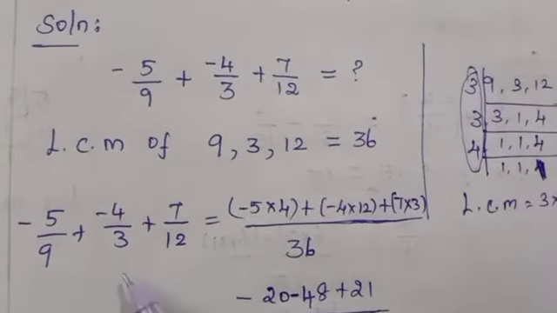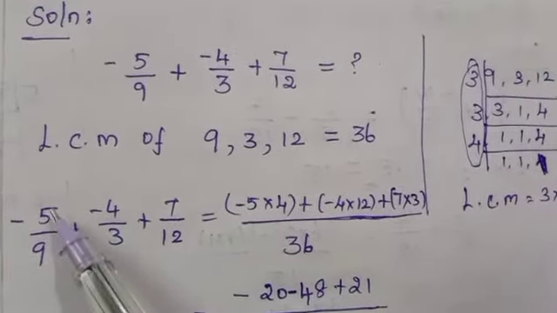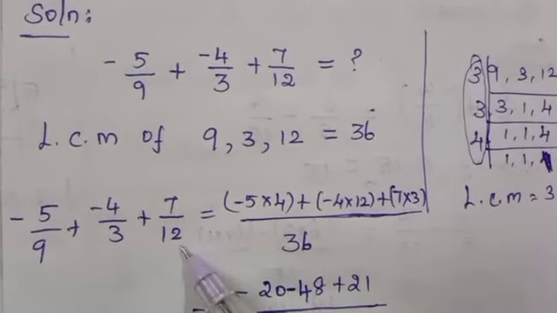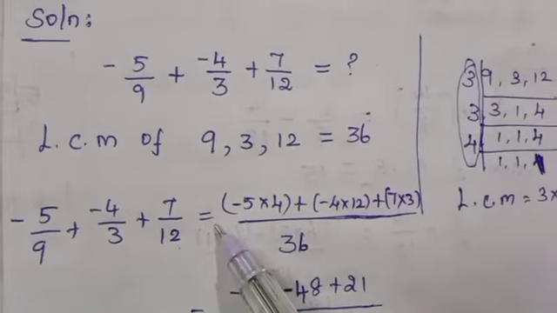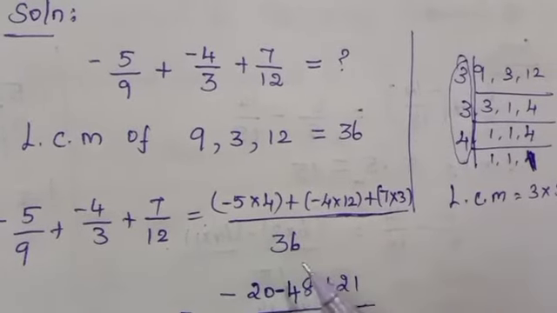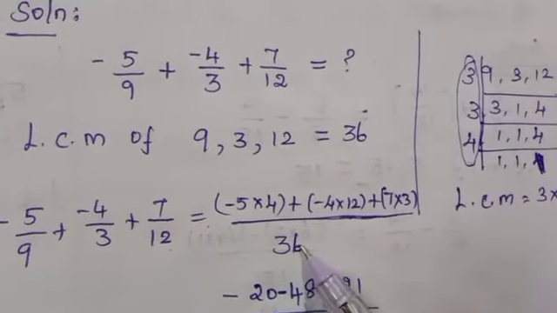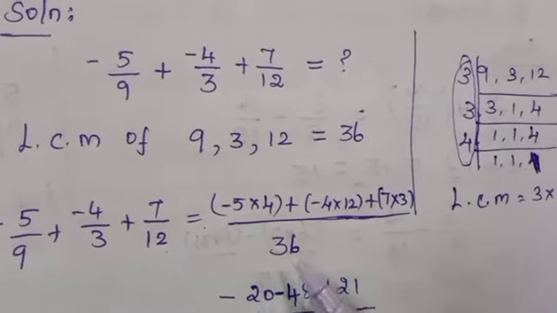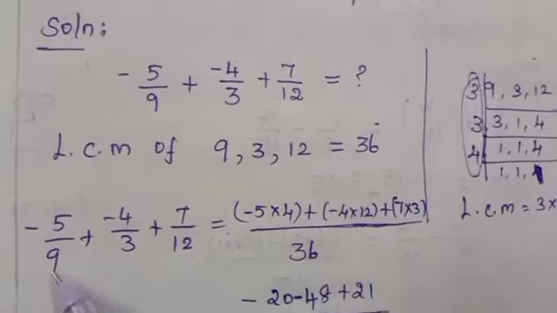So now you write the given rational numbers: minus 5 by 9 plus minus 4 by 3 plus 7 by 12 is equal to. So the LCM that you found, you take as the common denominator, 36. Now you have to find for the first number.